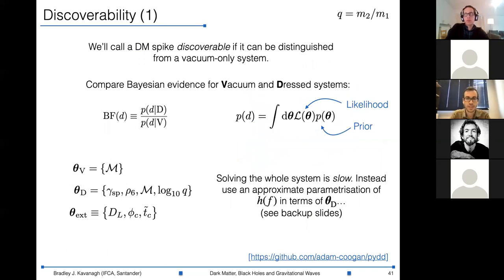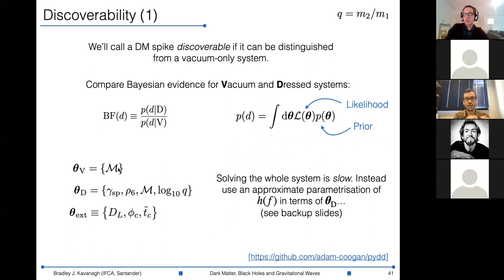So I'm calling a system discoverable if we can distinguish it from a system with no dark matter. And the way that we do this is by calculating the Bayesian evidence for these different models. Okay, so we hop around parameter space, where parameter space, for the vacuum case, we just have a chirp mass.